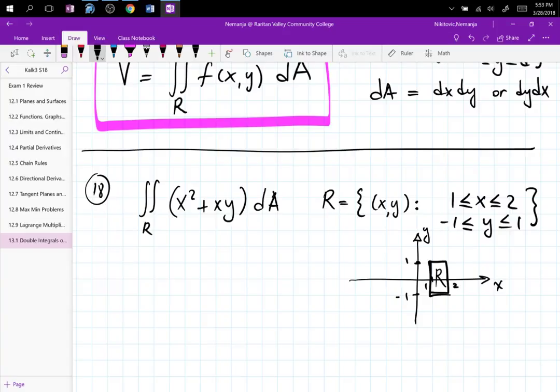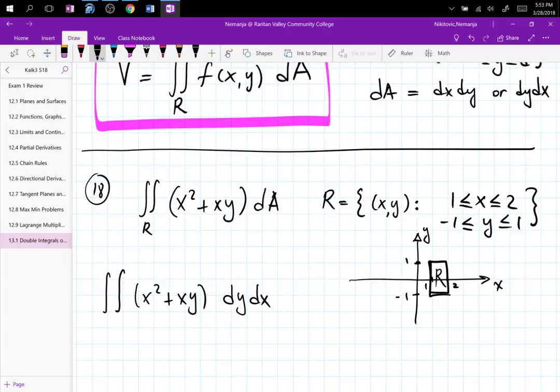So that's our region. And now if I am to write the integral with limits, first I have to pick whether I'm going to do dx dy or dy dx. In this case, because you can integrate easily either way, it doesn't matter which one you do first. So let's go with dy dx.